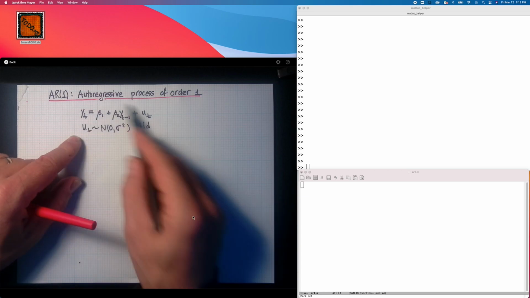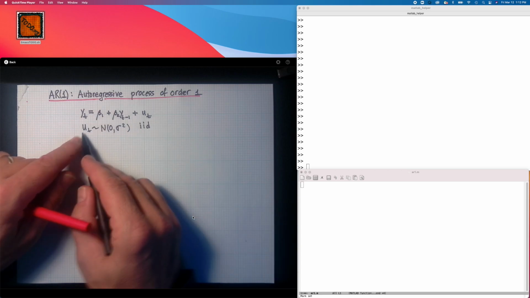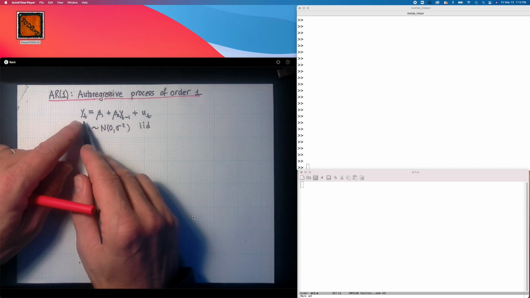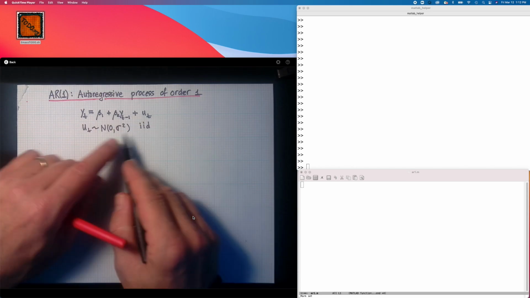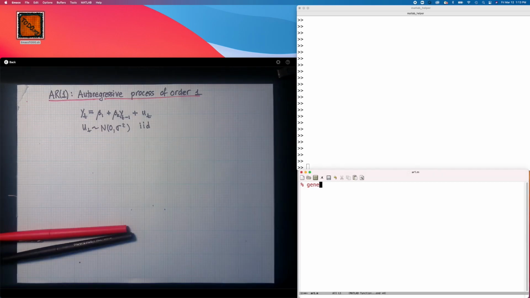And so we're going to first simulate some of these in MATLAB, and then we'll come back and look at what is the expected mean and variance of y, given that we know that the mean of u is 0 and its variance is sigma squared.